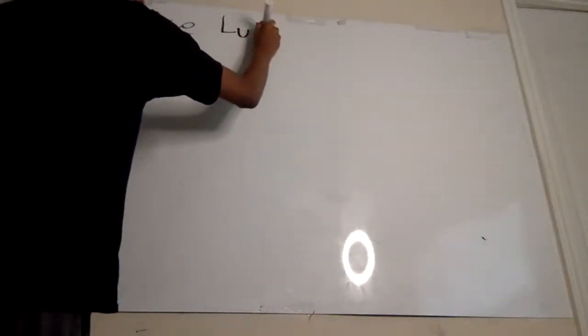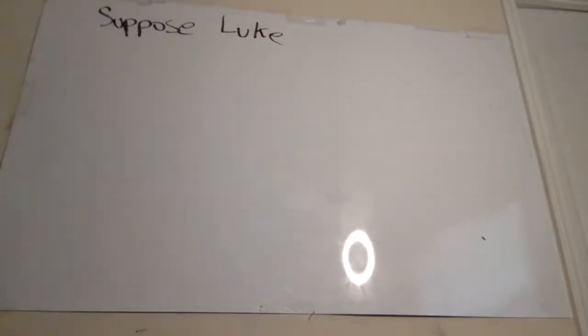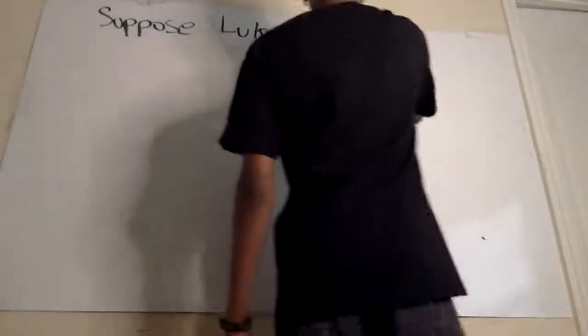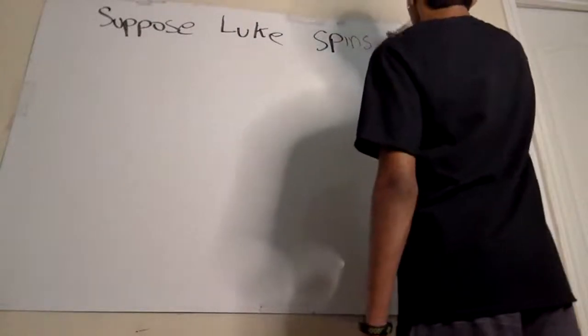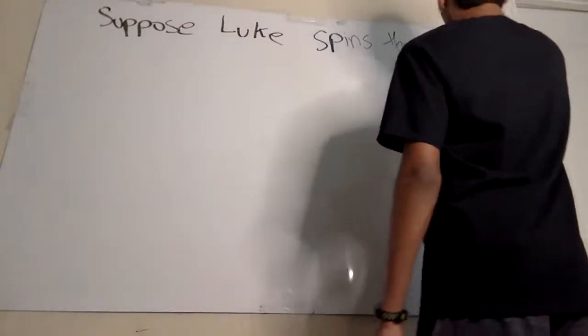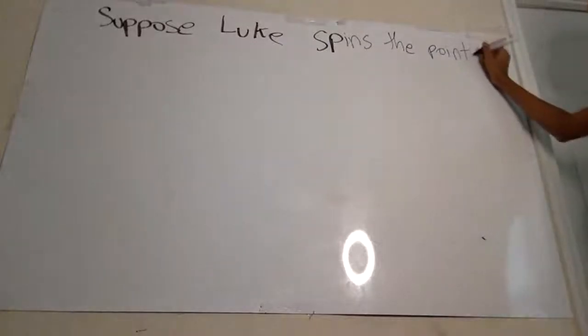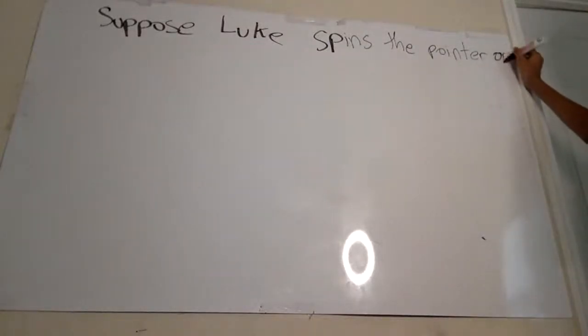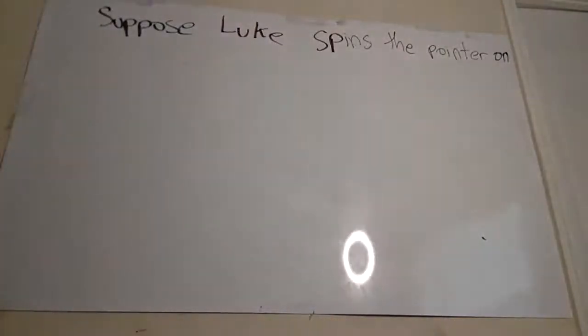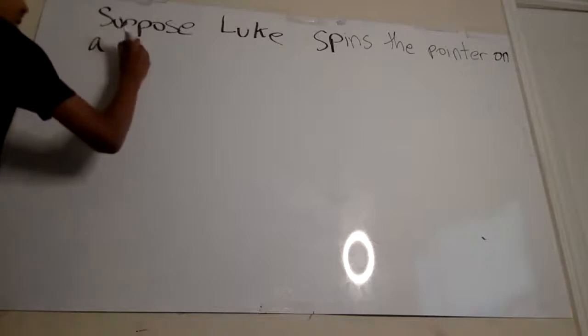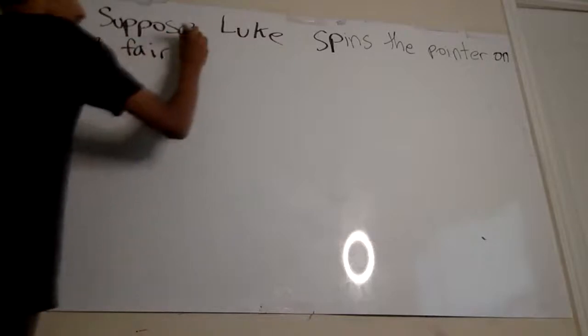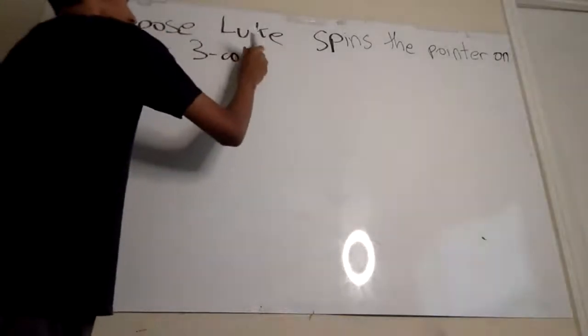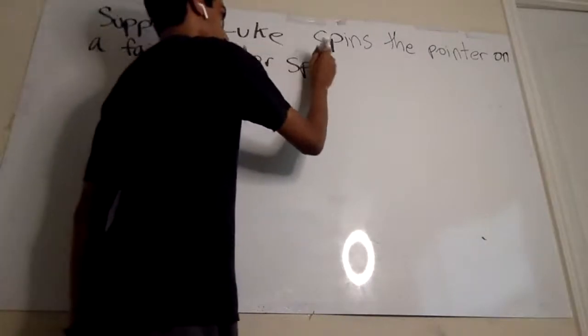So it says, suppose Luke spins the pointer on a fair 3-color spinner.